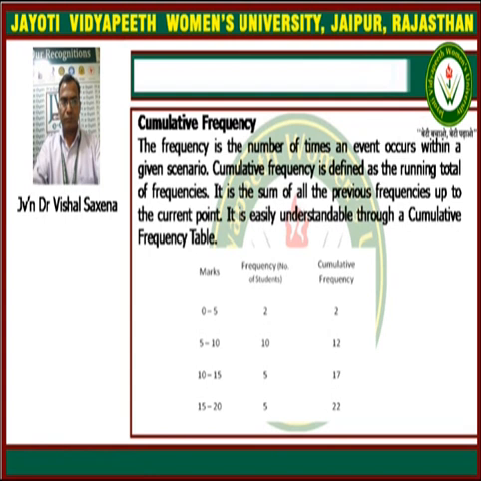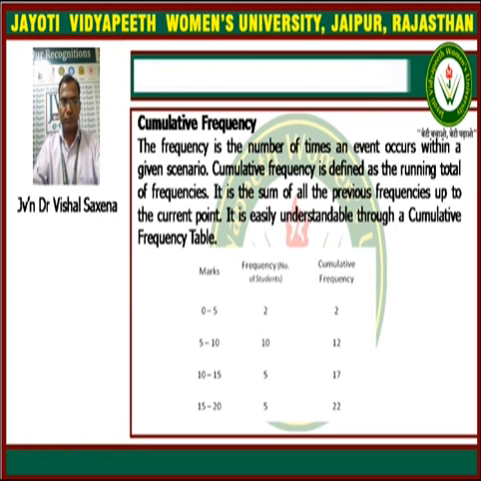As we all know, frequency means how many times our data is repeated, and cumulative frequency is defined as the running total of the frequencies. We can also say it is the sum of all the previous frequencies up to the current point. So that is the definition of cumulative frequency.